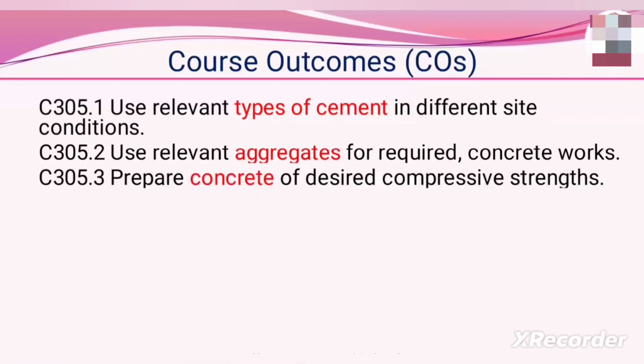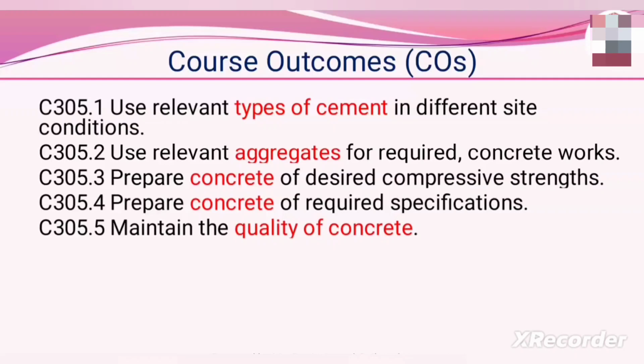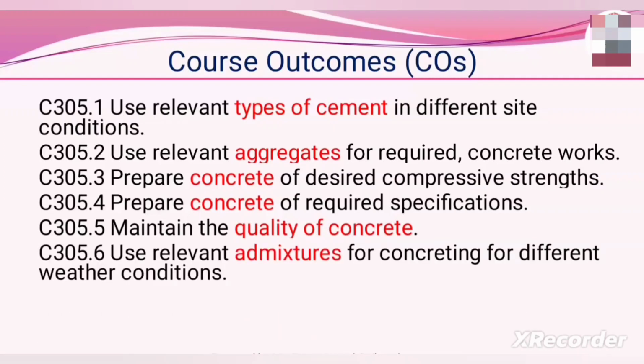Third course outcome, prepare concrete of desired compressive strengths. Fourth course outcome, prepare concrete of required specifications. Fifth course outcome, maintain the quality of concrete. Sixth course outcome, use relevant admixtures for concreting for different weather conditions.